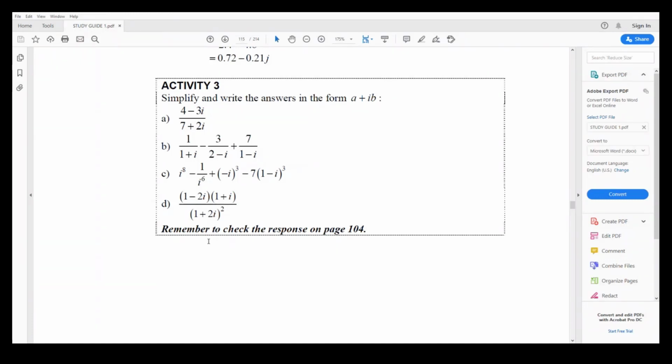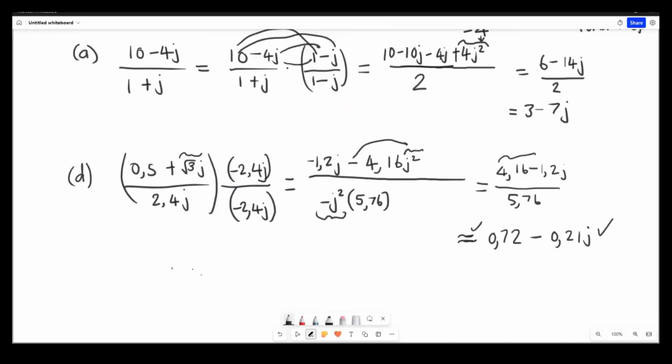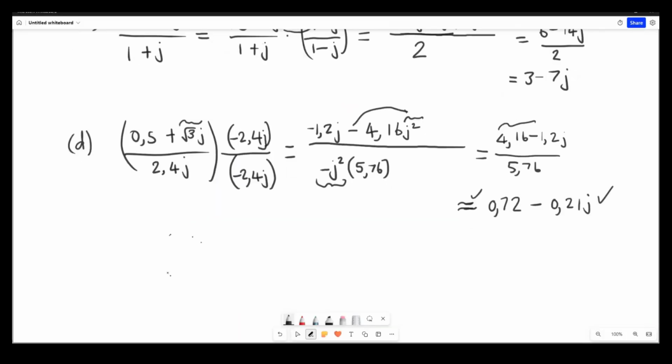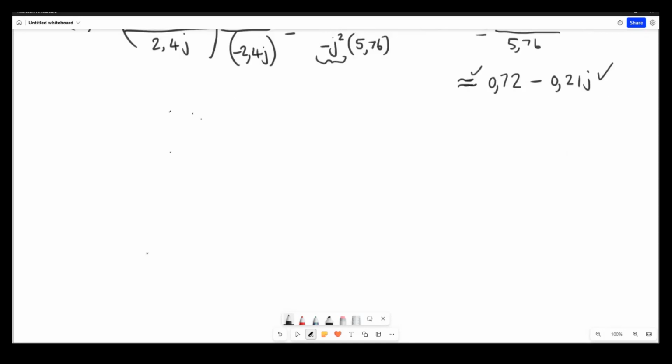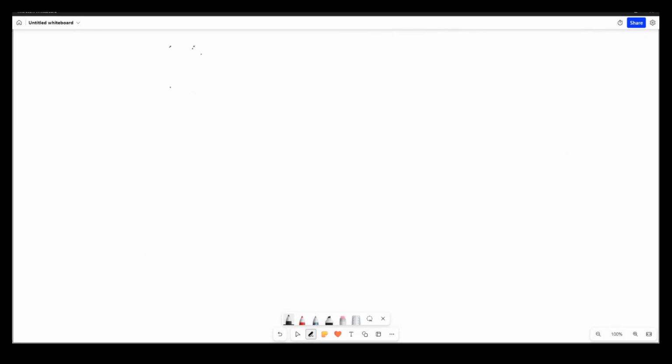Even C. Let's look at B quickly, okay? What I'm going to do, guys, instead of writing I, I'm going to write J, meaning the same thing as I. Right. So let's look at activity 3 now. Okay, great.